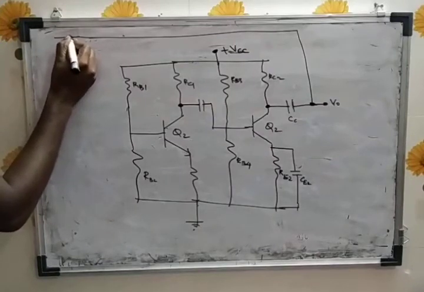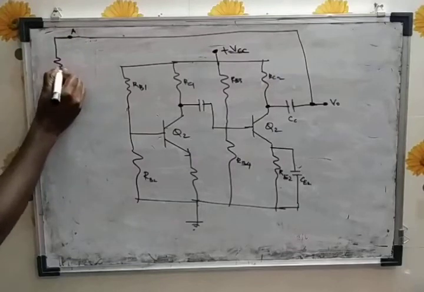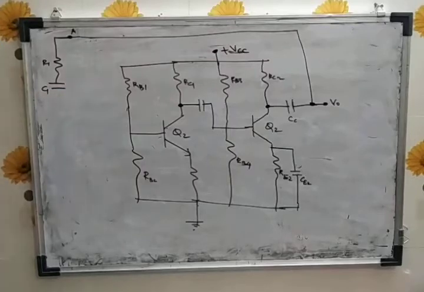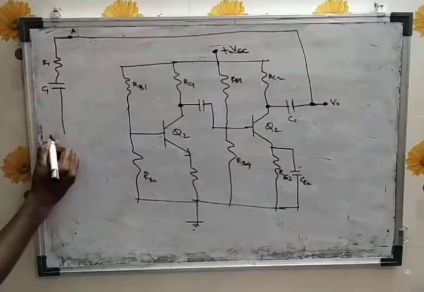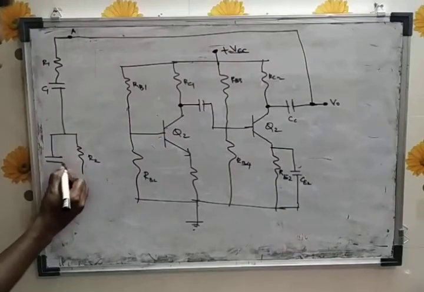I am considering this point as A. From A we have R1 C1 and R2 C2.